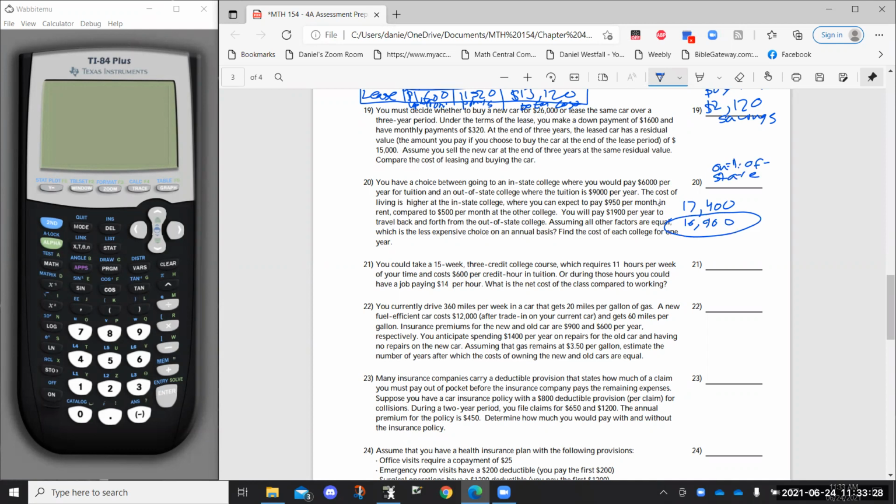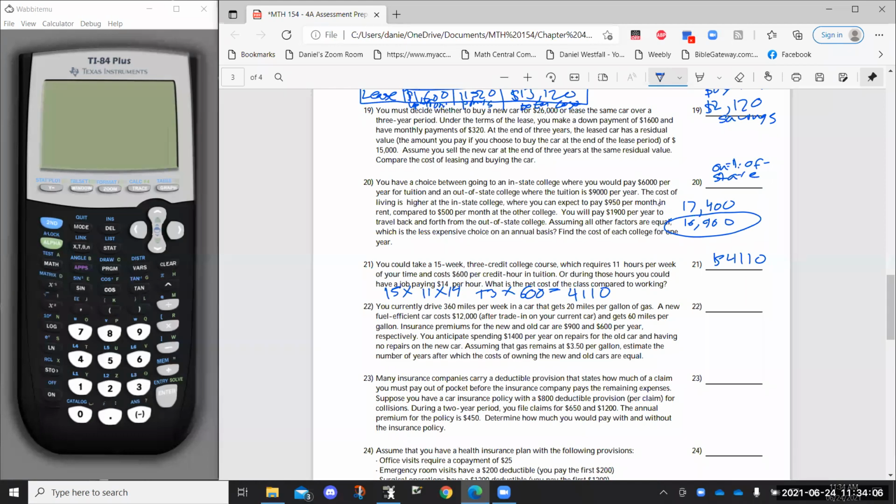This is a year. For number 21, this is going to be 15 times 11 times 14 plus 3 times 600, which is a cost of $41.10. That's my total net cost of taking classes there.